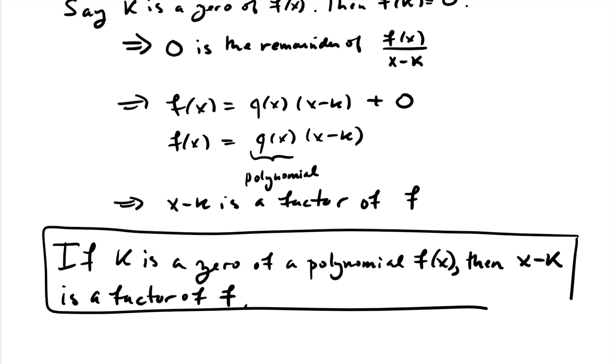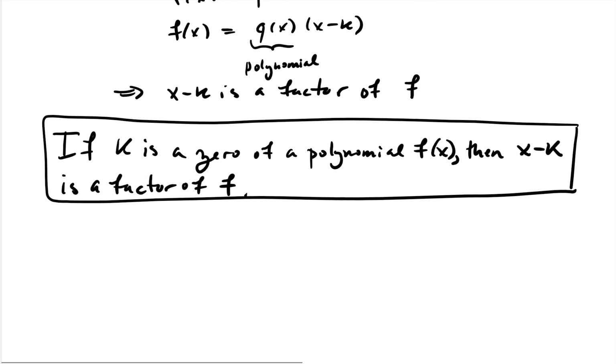So if we have access to the zero of a polynomial, we have access to one of its factors, and vice versa, by the way, because if x minus k is a factor, automatically we know that from that factor we can recover a zero. We can recover that x equals k is a zero. So it's actually an if and only if. So we'll show that principle in action.